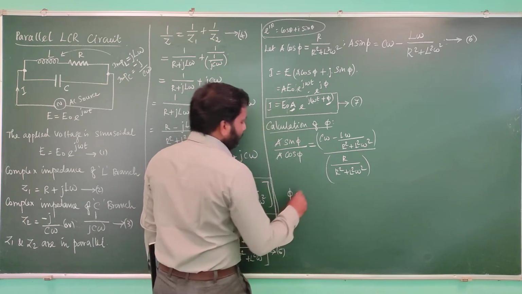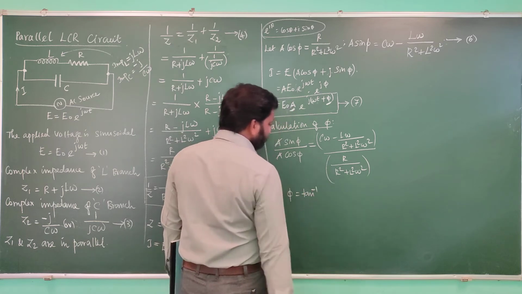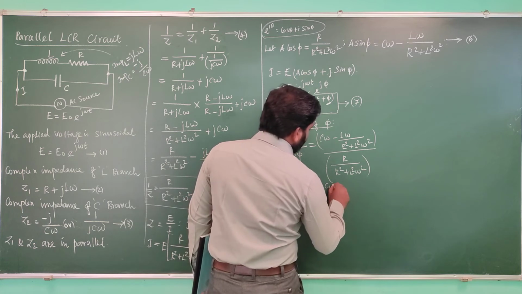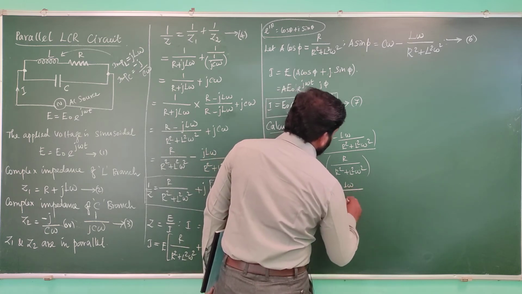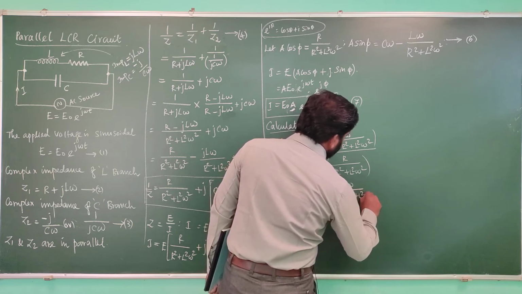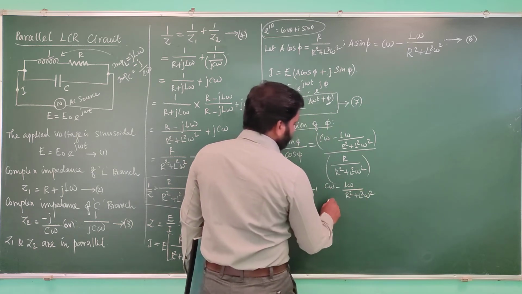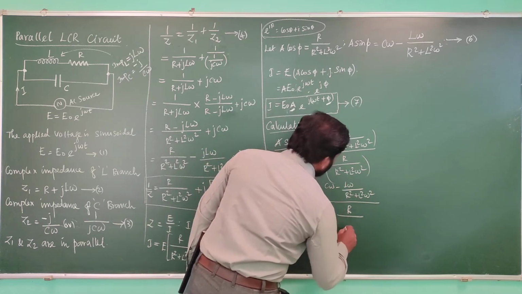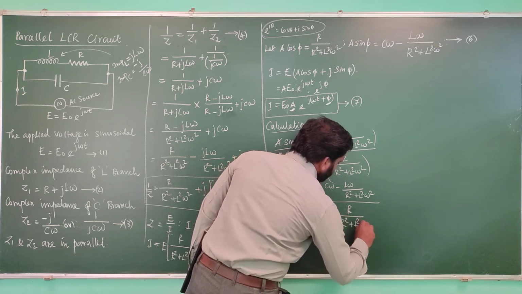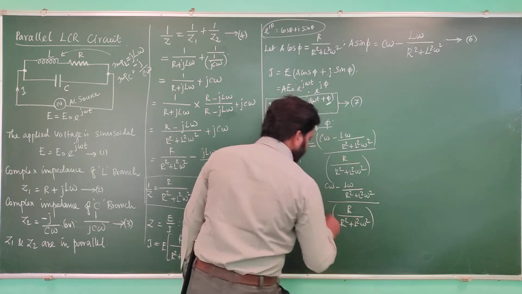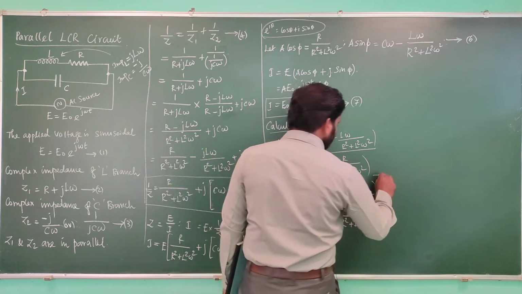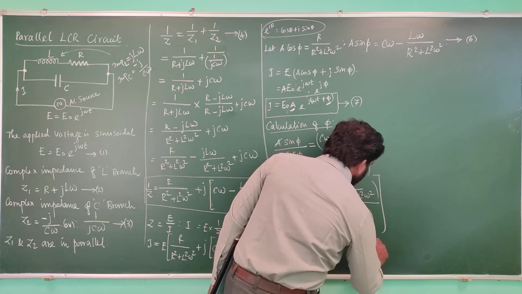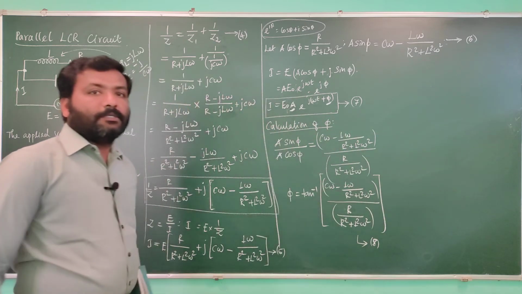Let's keep phi on the left side and bring tan to the right side, so it becomes tan inverse of the entire term: (C omega minus L omega by R square plus L square omega square) divided by (R by R square plus L square omega square). So this is equation 8.